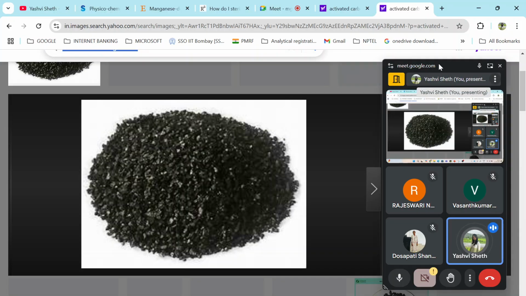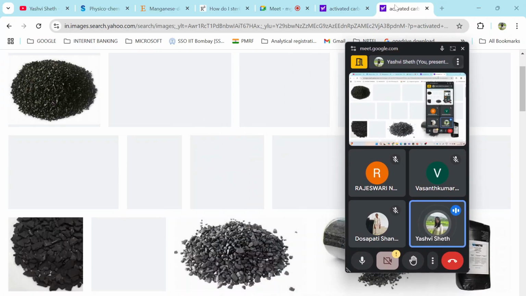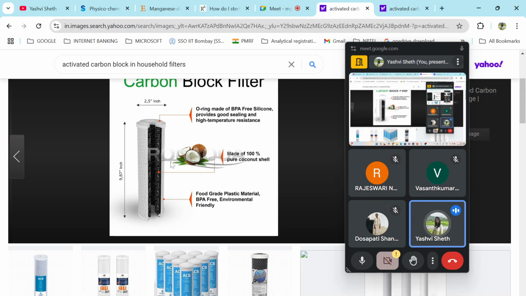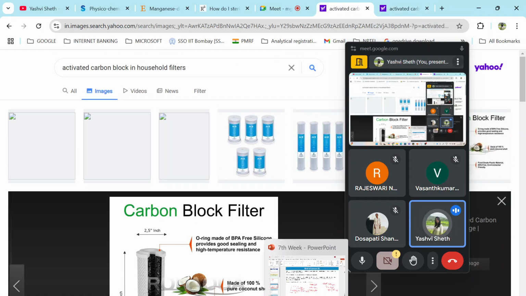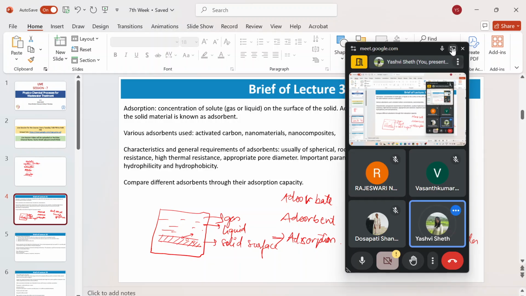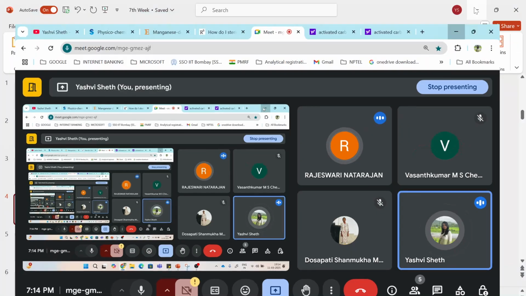These granules are compressed to form a block, which is packed inside a filter unit where you pass water through this block. It has pores through which water will pass, and any impurity which we want to remove will get removed. So activated carbon is one of the well-known and most popular adsorbents used so far.